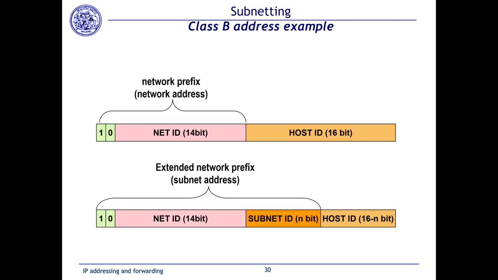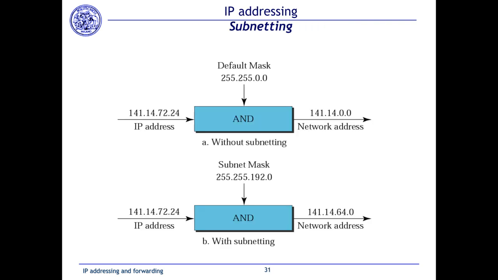Each time you add n bits to the original network prefix in order to have the extended network prefix, you can set up 2 to the power n subnets. Okay. So each time you extend the network prefix by 1 bit, you can set up 2 subnets. 2 bits, 4 subnets, 3 bits, 8, and so on.